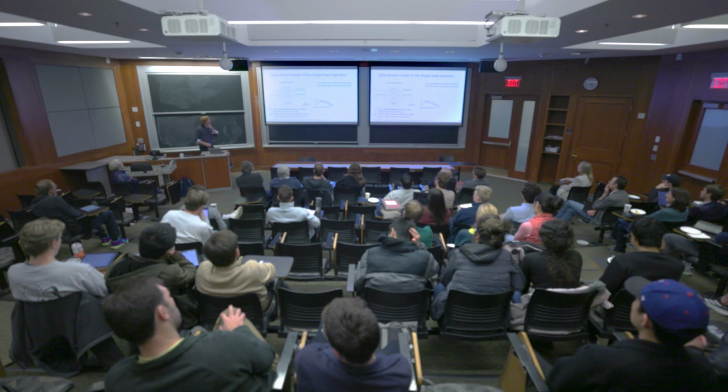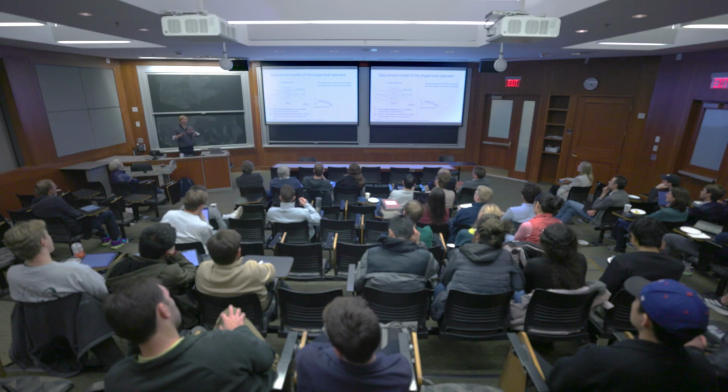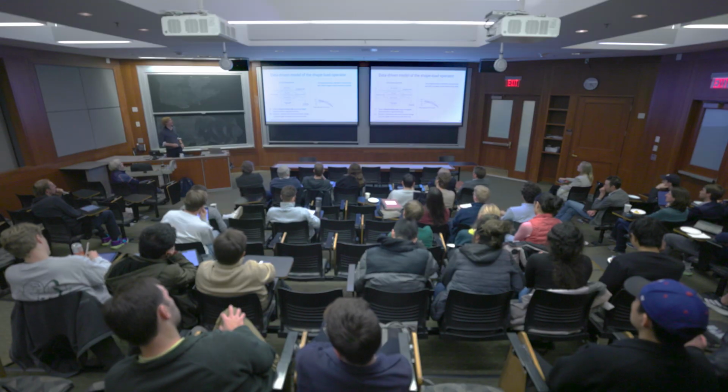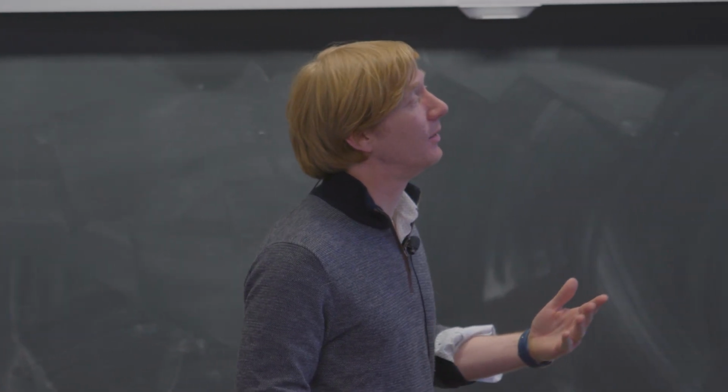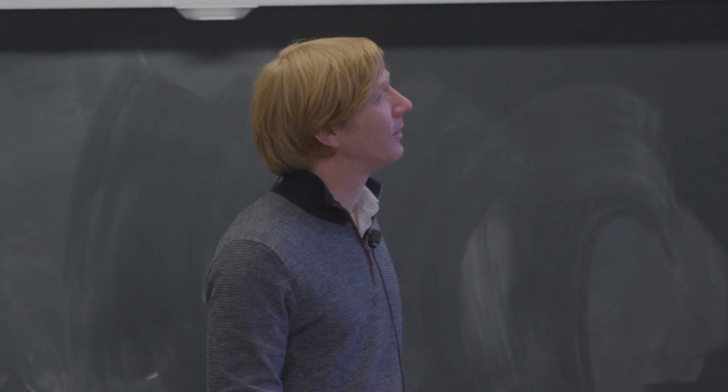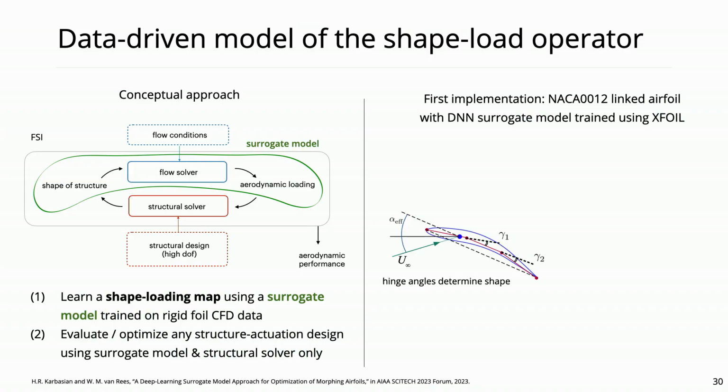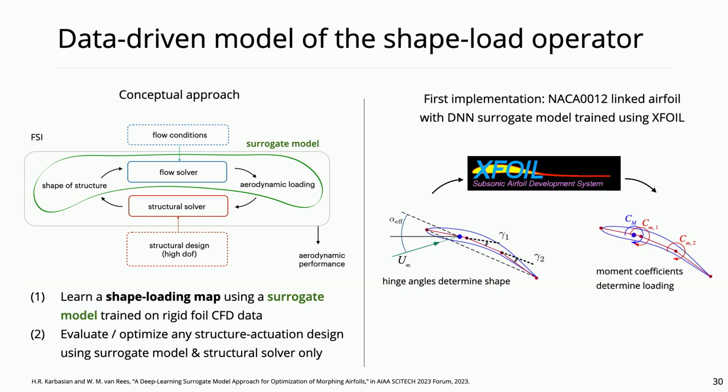So we did a first implementation in this paper where we look at a very simple proof-of-concept approach using a hinged airfoil. The shape here, this part of the surrogate model, is just a vector of angles. Then you run this through a solver. We used Xfoil because it was cheap and we could validate the surrogate model against the real thing. That gives you the aerodynamic torques on these hinges. So that's the loading.